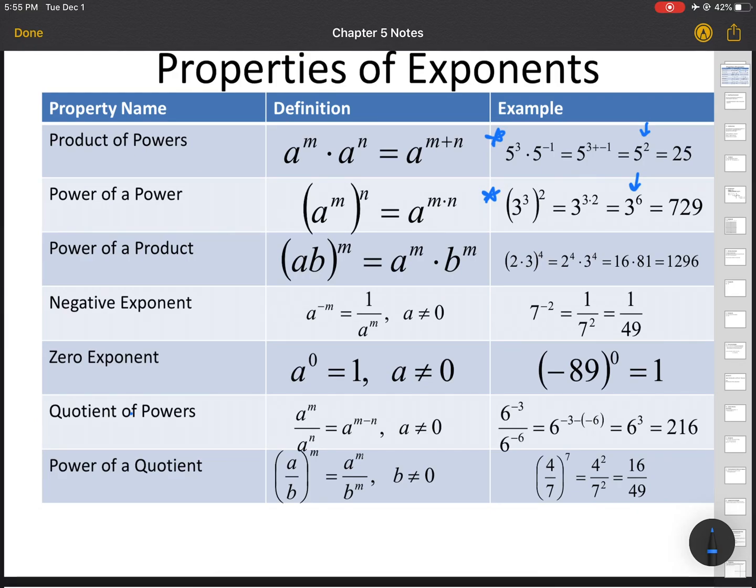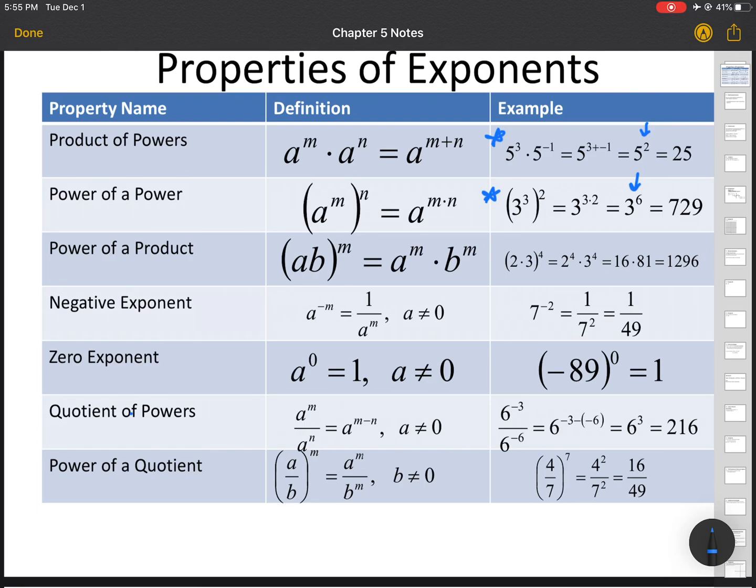The third property here, we have the power of a product. That means if I have two different bases being raised to the same exponent, all I need to do is split them apart and raise them to that same exponent.